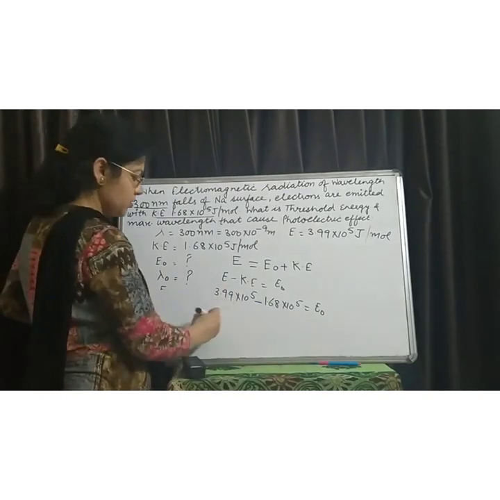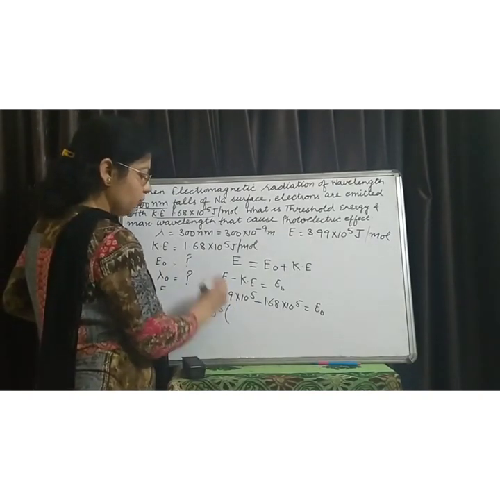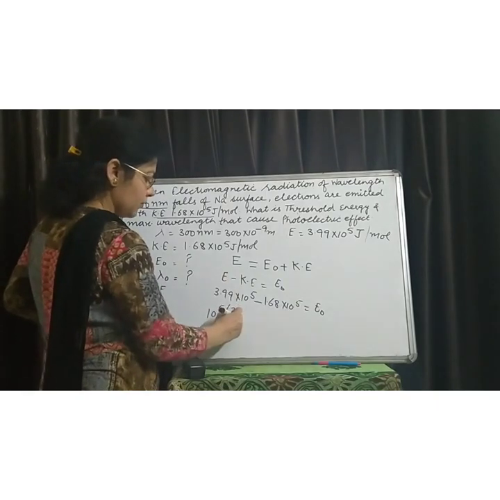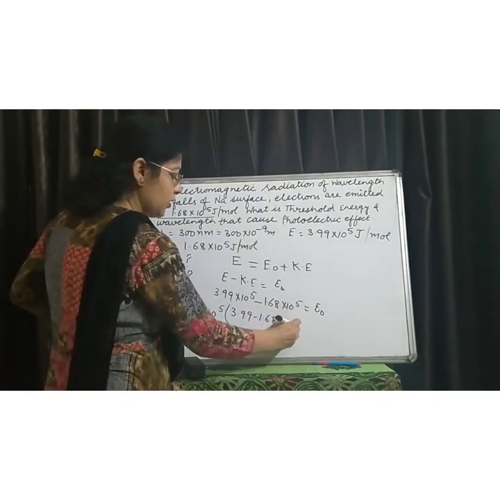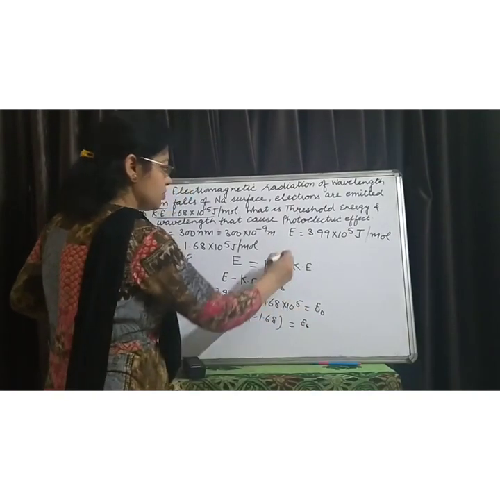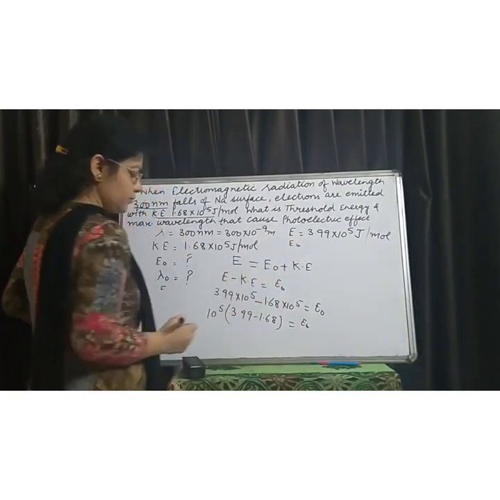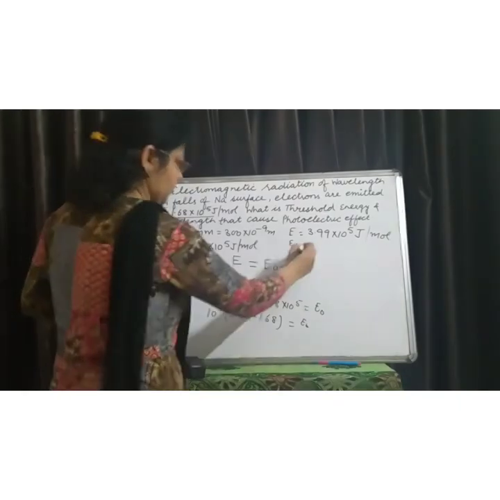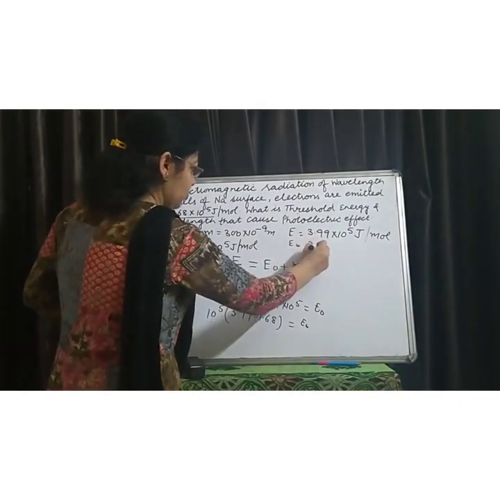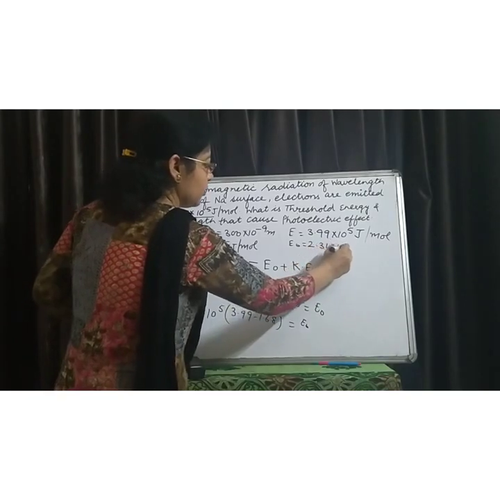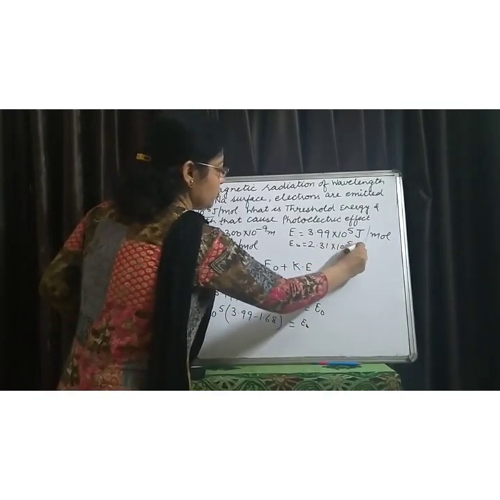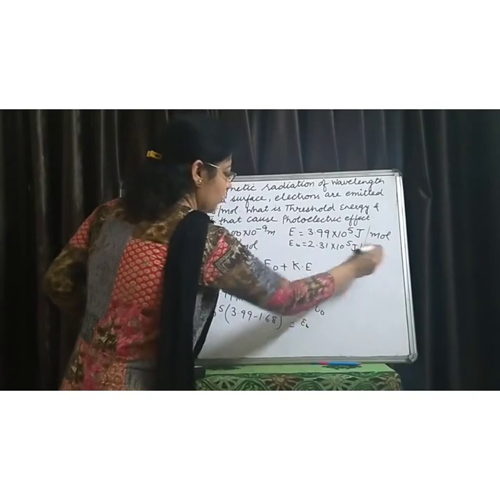When you solve this, you find the value of threshold energy, which is equal to 2.31 into 10 raised to power 5 joule per mole.